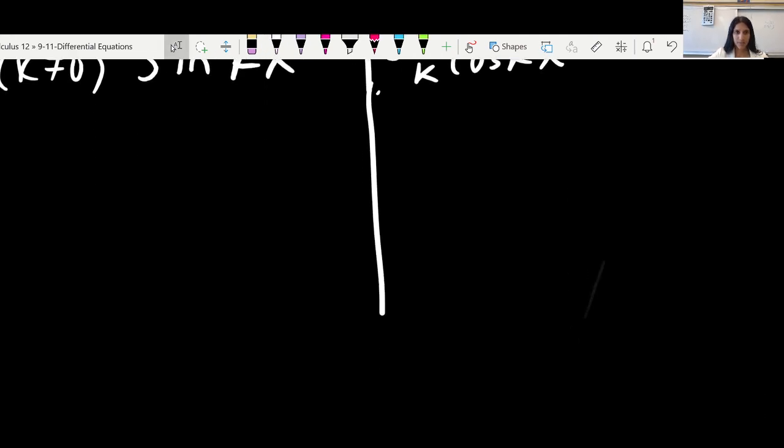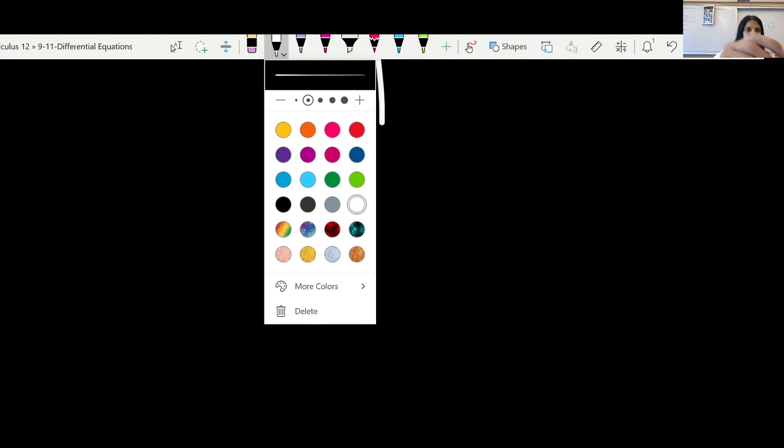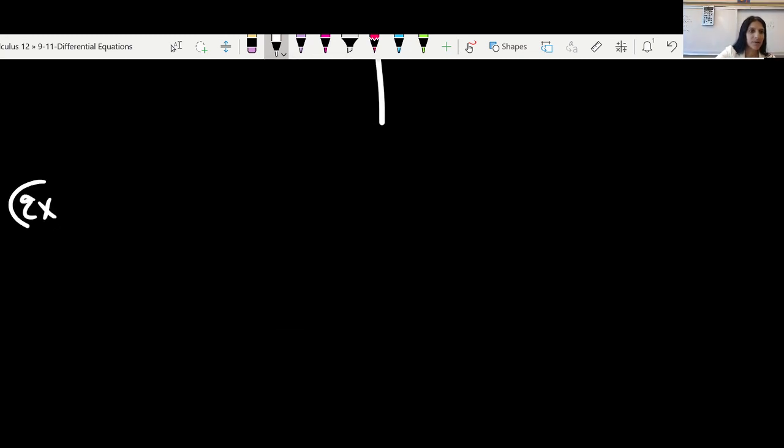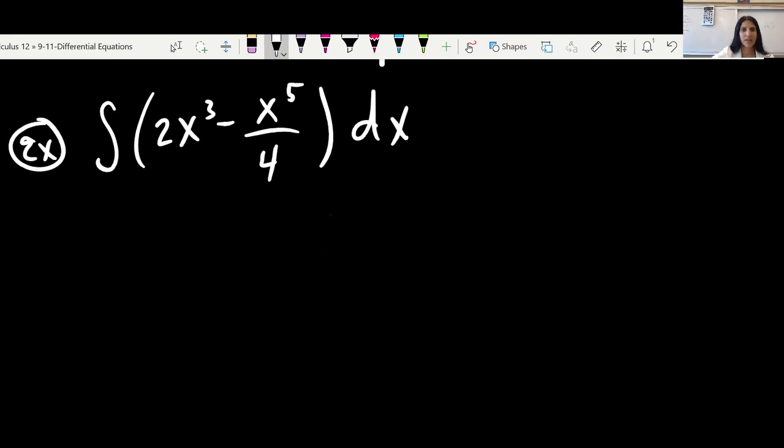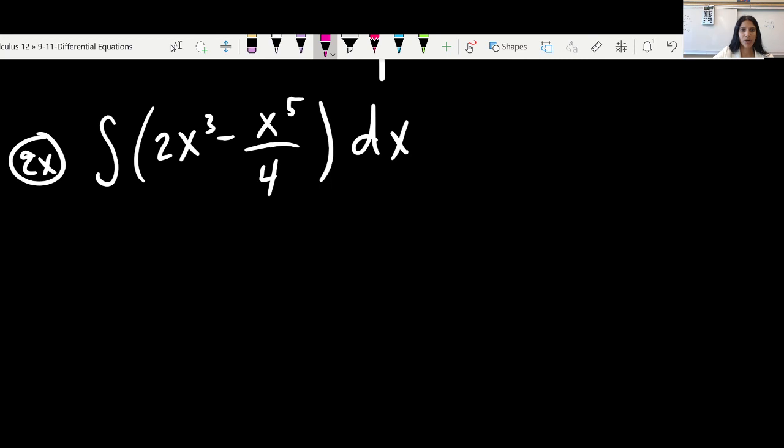Okay, let's take a look at some other examples here. Let's say we have the integral of 2x cubed minus x to the 5 over 4 dx, like this. So when we work our way through this, again, we can separate them.